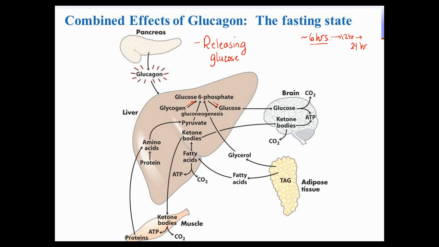And then that's going to go through the bloodstream to the brain to help power the brain. All right, now the other thing is that glycolysis is going to be shut down and limited. So you see a decrease in glycolysis, and you start shifting towards gluconeogenesis.